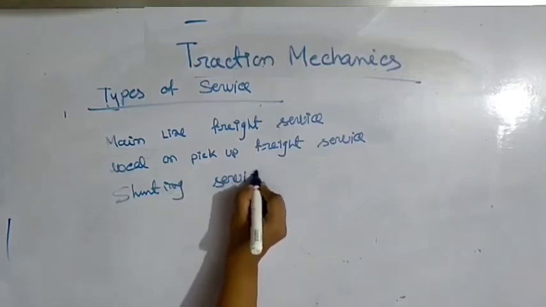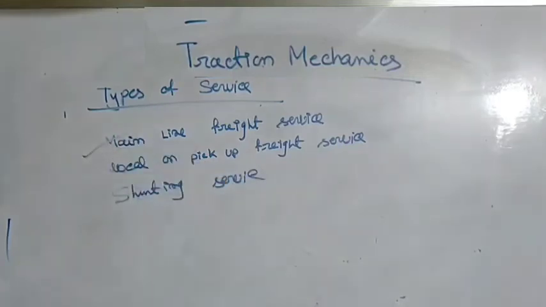Now mainline freight service consists of long distance trains usually fitted with continuous braking. Some of these trains may have speed of 90 km per hour.